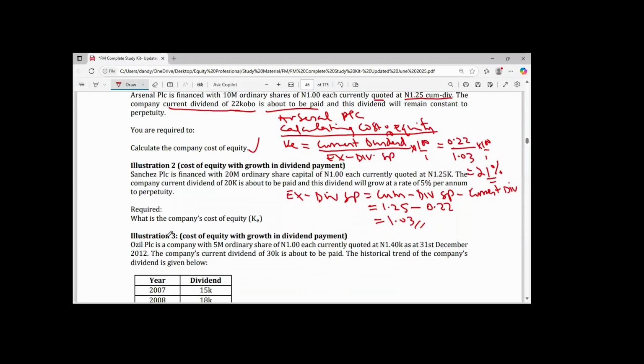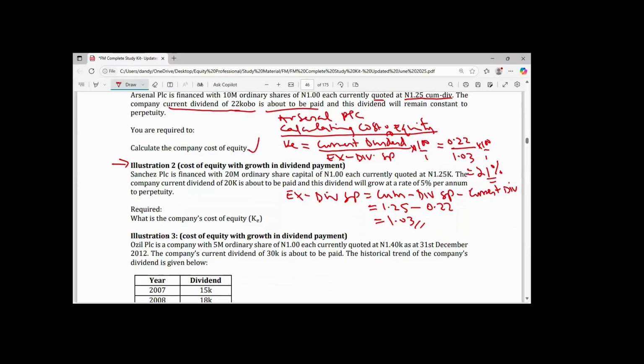Now, the second illustration, the second example here. Please let me know if I'm too fast. Let me calm down, and where I will moderate, because I wouldn't know whether I'm too fast or too slow. So you have to call my attention if I'm too fast for your liking. You need to understand it. That's why I'm taking my time.